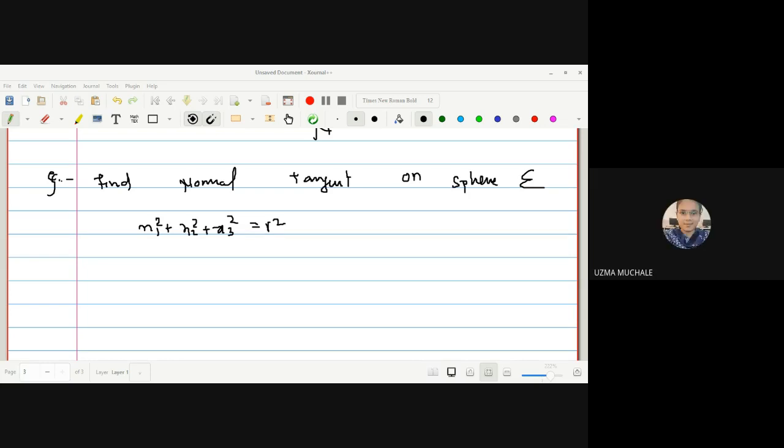Del G is 2x1, 2x2 and 2x3. Okay, what about your tangent? What will be tangent? Yes, how will you find out a tangent?